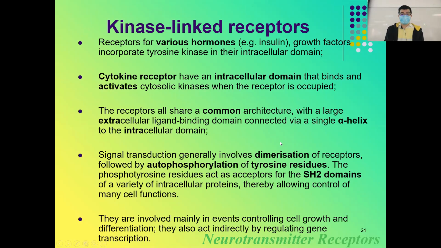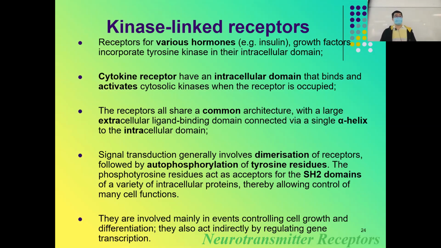The signal transduction is binding of the ligand, which causes structural changes and usually involves dimerization of the receptor. So the receptor binds to the ligand, changes structure a little bit, and then forms a dimer. Once they dimerize, that causes autophosphorylation by the enzyme, the tyrosine kinase, at the tyrosine residues.